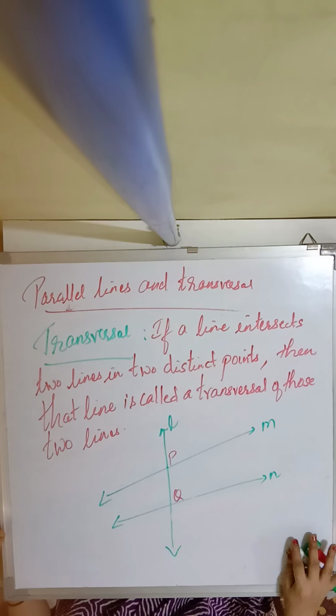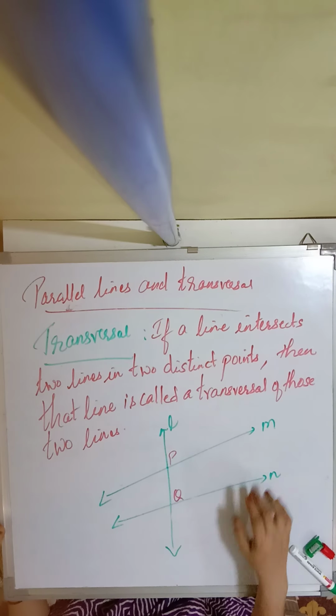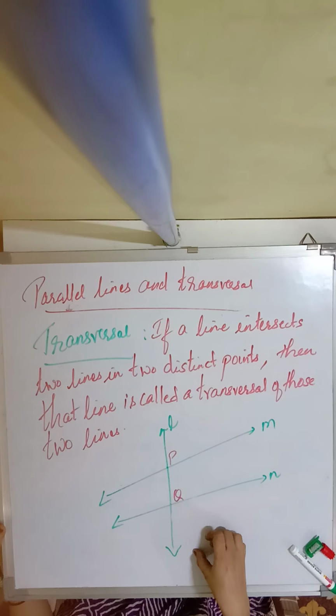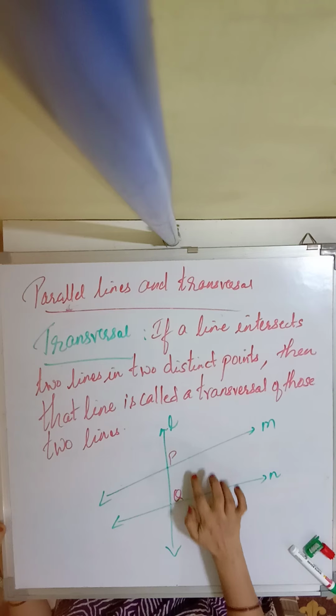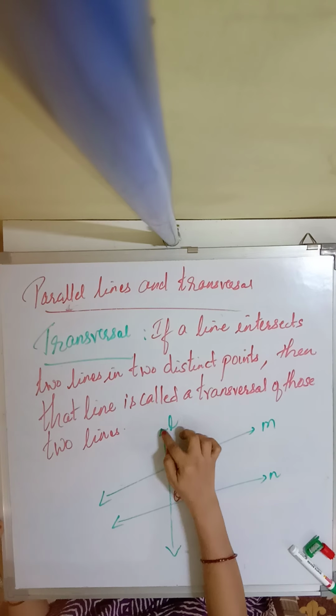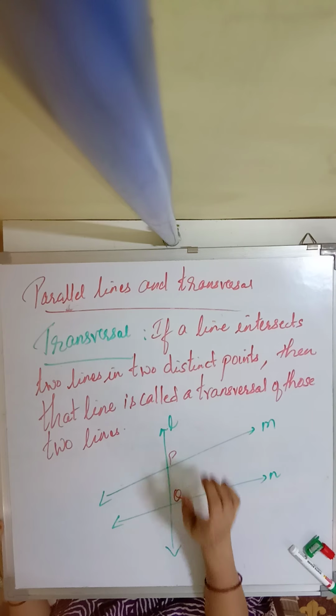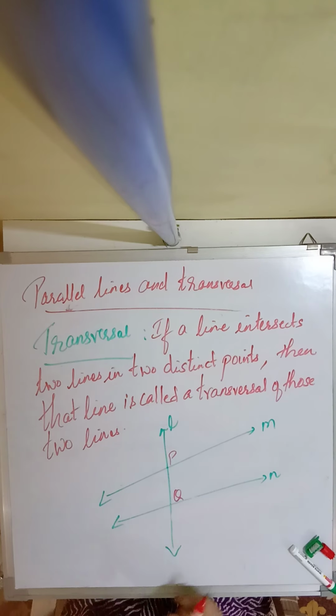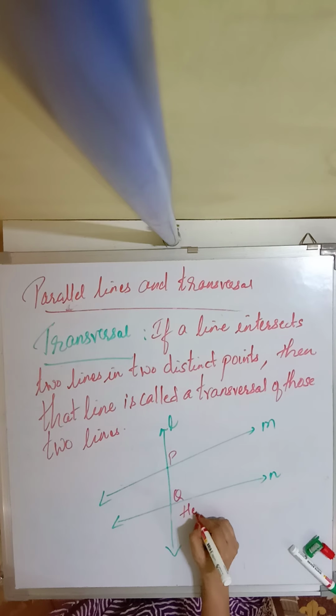Now here you can see that we have drawn one figure. Two lines M and N we have drawn, and the third line L intersects both the lines M and N at two distinct points P and Q. Then this line L, children, is called the transversal of the lines M and N. So how are we going to write? You write here. Let us explain this.